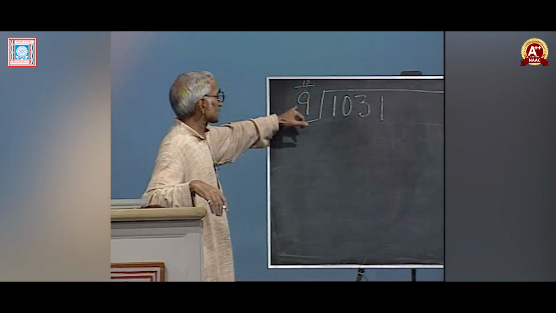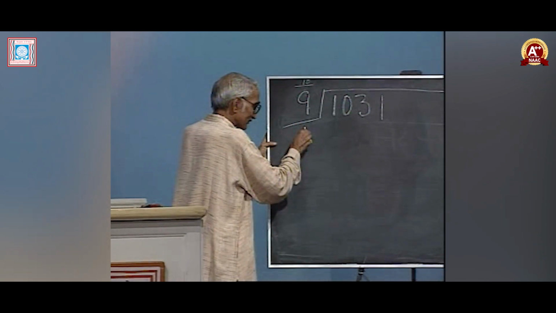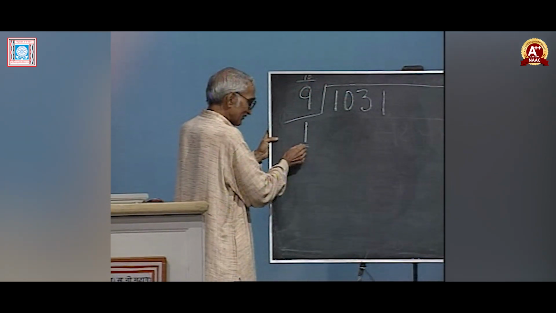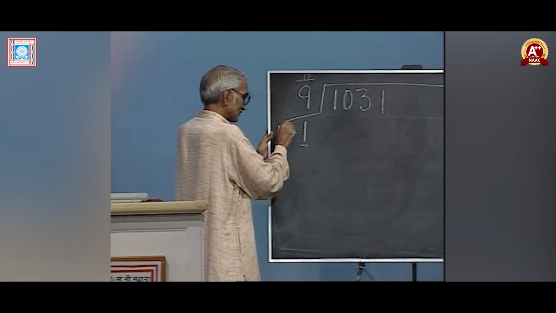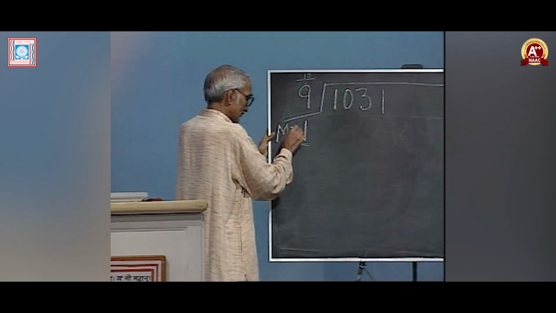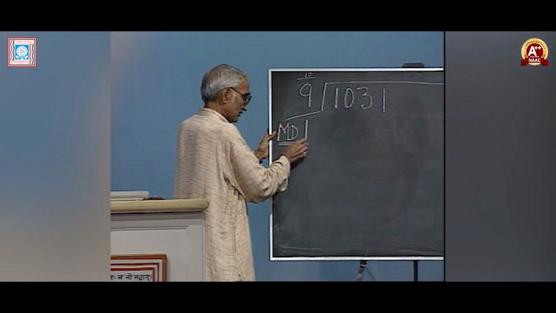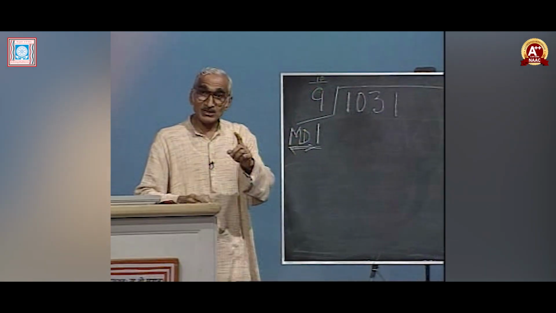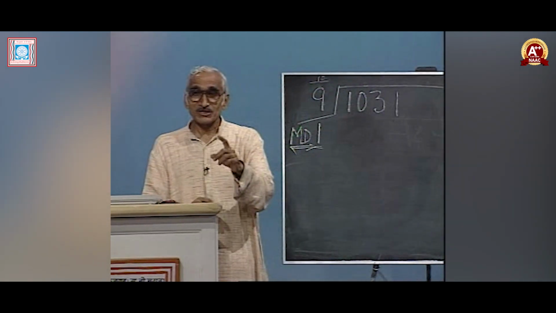So last from 10, 10 minus 9 is 1. Now this is my MD. Mind you, MD doesn't mean managing director. This is modified divisor.